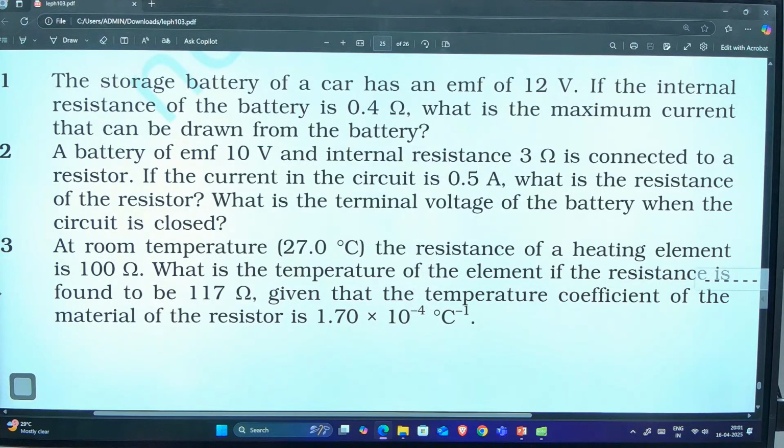Anshul, why is your camera off? Sir, I don't have the textbook. I'm just viewing the question properly. Okay, okay, fast, fast. Sir, should the third question be solved? No, 1 and 2 alone. Okay.